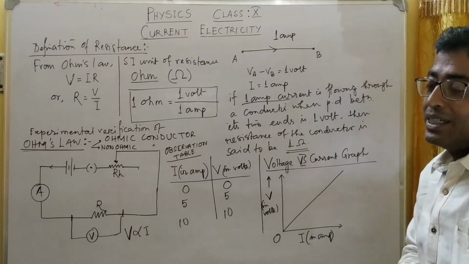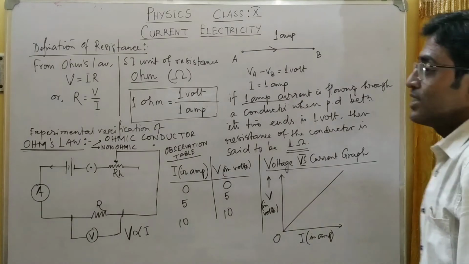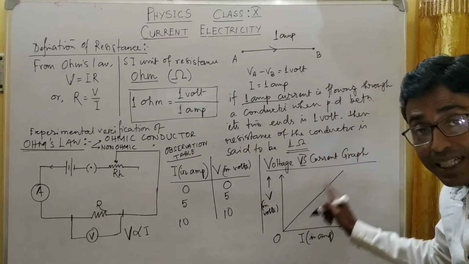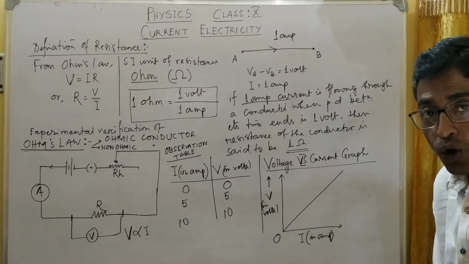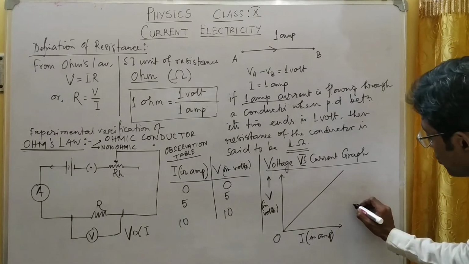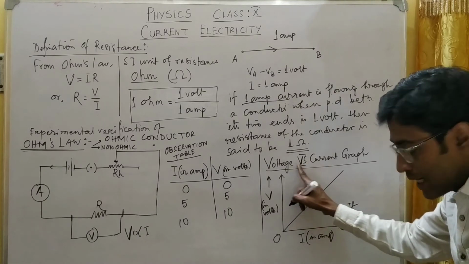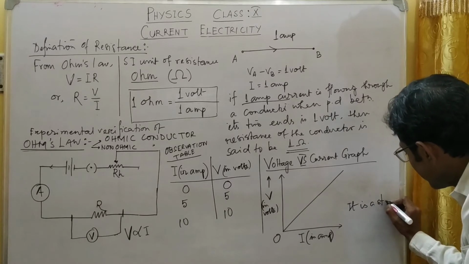In a few years in ICSE they have asked what the characteristics of the VI curve are. The characteristic of the VI curve is that it is a straight line which passes through the origin, remember.